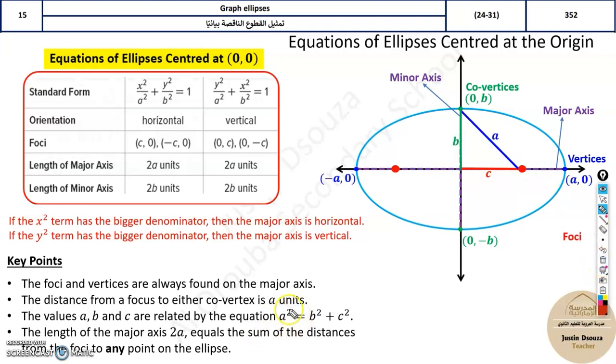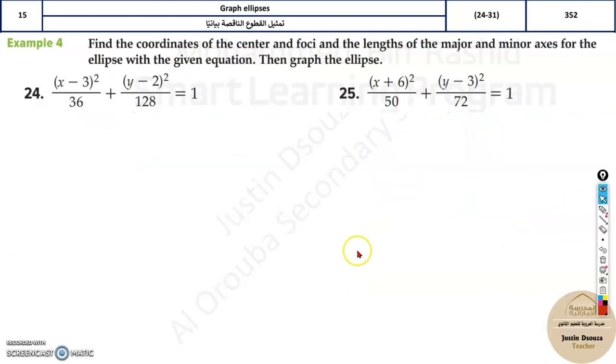You can solve for a squared by Pythagoras theorem: a² = b² + c². Or if you want c, all you need to do is a² minus b² and take the square root, that will be c. That's Pythagoras theorem. So this is how we solve it.